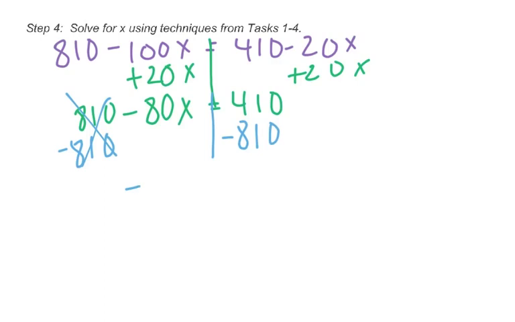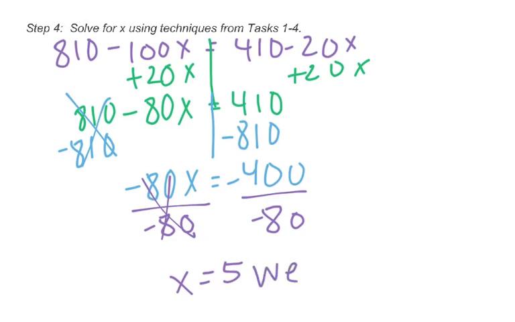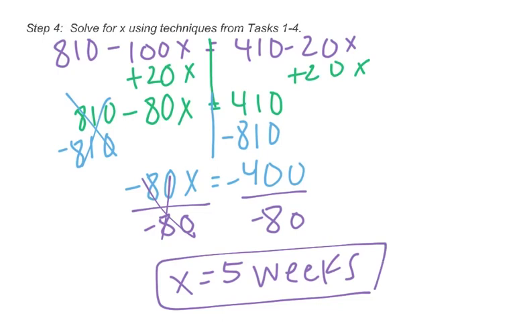Those cancel, and on the left-hand side I'm left with negative 80x equals negative 400. Our final step, we want to divide both sides by negative 80. And we get x equals 5. So in 5 weeks, Brett and Sam will have the same amount of money in their savings account.